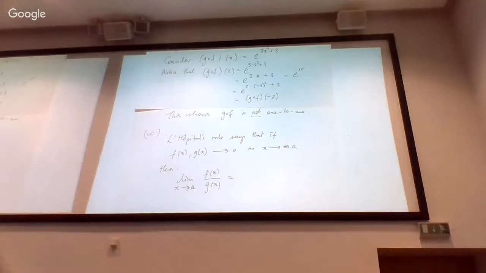So L'Hopital's rule says that this is equal to the limit of the quotient of the derivatives, provided the limit of f prime x over g prime x exists.